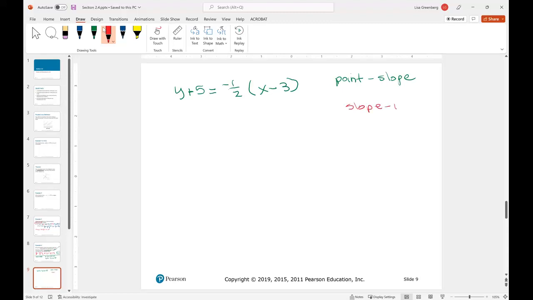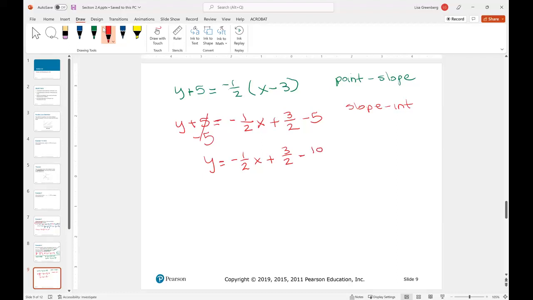Anytime I want to put something in slope intercept, what I'm going to do is solve for y. So let's just start first by distributing on the other side. So this is negative 1/2 x. And then negative 1/2 times negative 3 is plus 3/2. I'm going to subtract 5 from both sides, which gives me y equals negative 1/2 times x plus 3/2 minus, I have to get a common denominator.